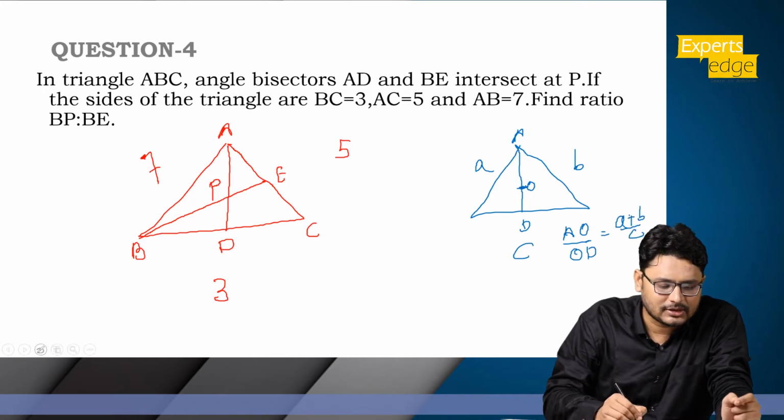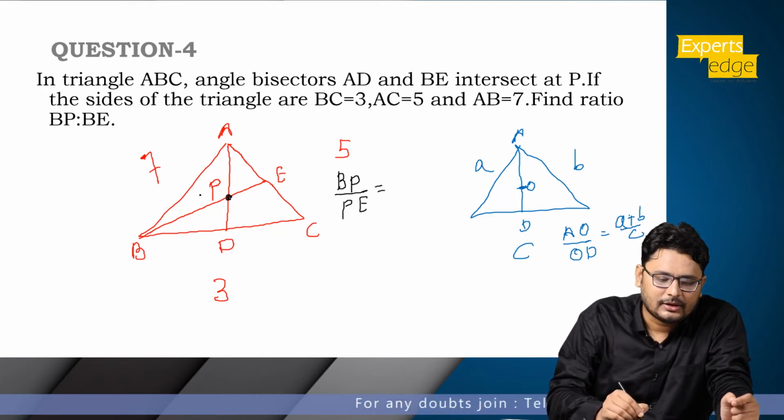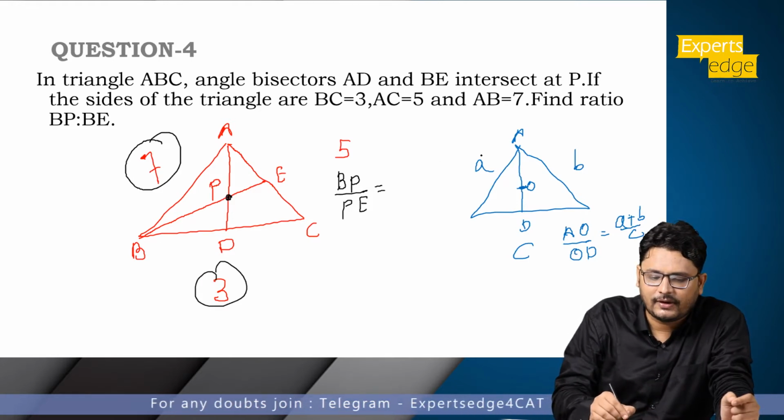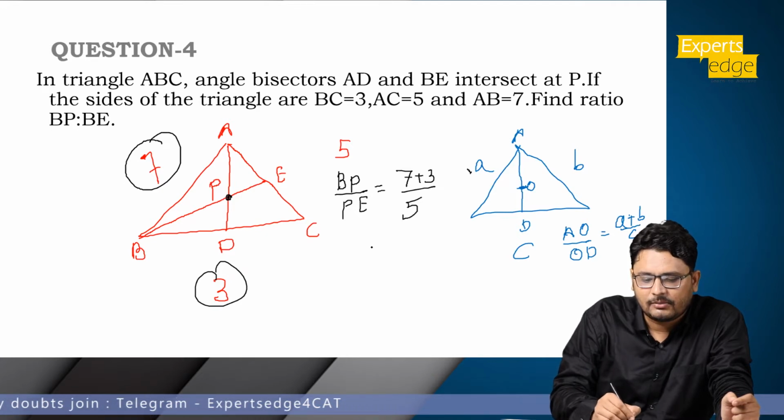So what is it asking? BP by PE. So BP by PE will involve which two things? Yes, 7 plus 3 divided by 5. So the answer is 7 plus 3 by 5, 10 by 5, 2:1 is the answer.